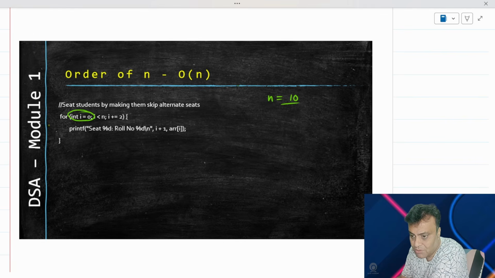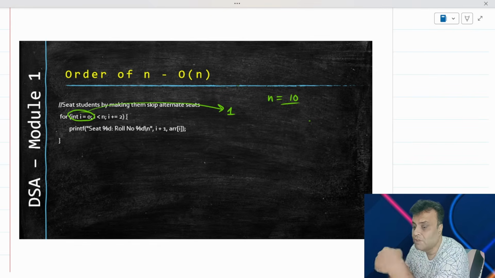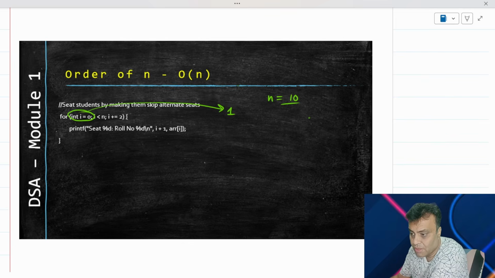Now this int i equal to 0 will execute itself in 1 unit of time. Now i less than n, and remember that we are doing i plus equal to 2, right? So when the value of i is 0, then it is getting compared, i less than n.